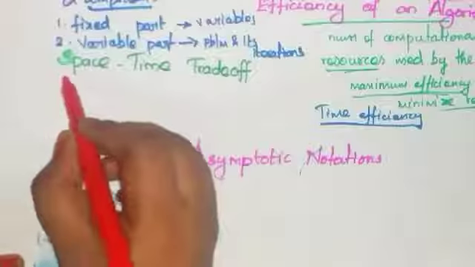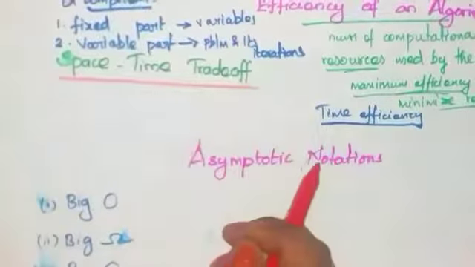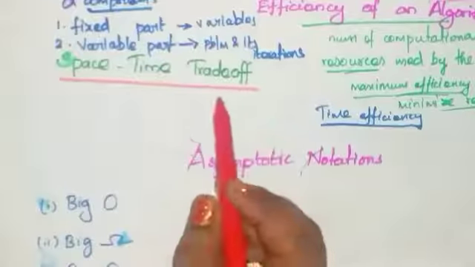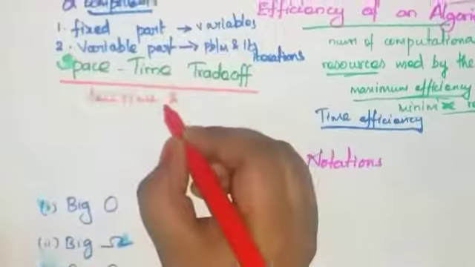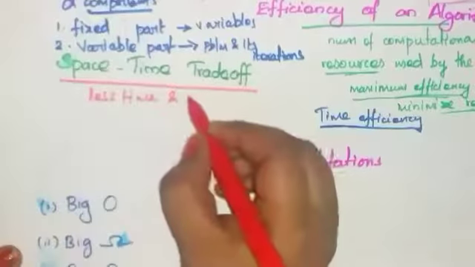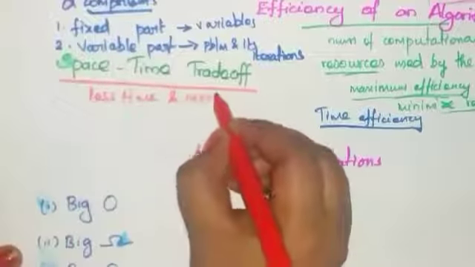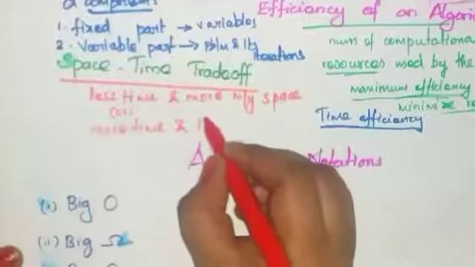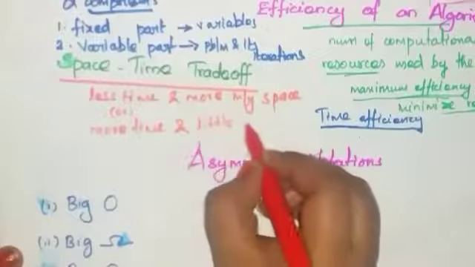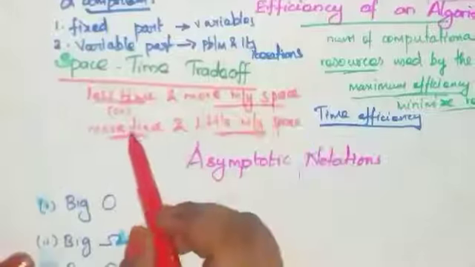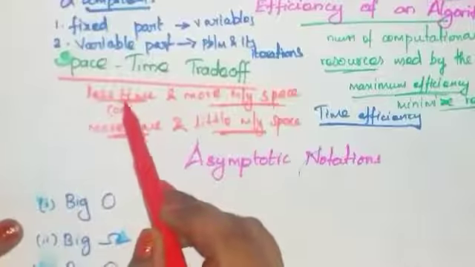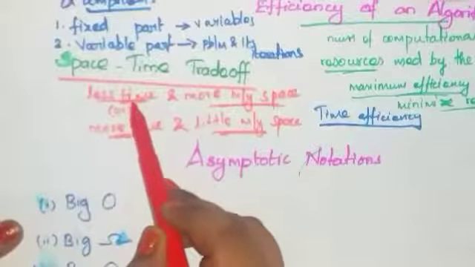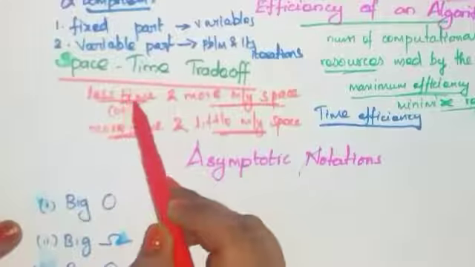Next, let us see space-time trade-off. Space-time trade-off means the way of solving in less time by using more memory space, or else spending more time by using little memory space. If an algorithm is executed in less time, that algorithm is called time efficient.